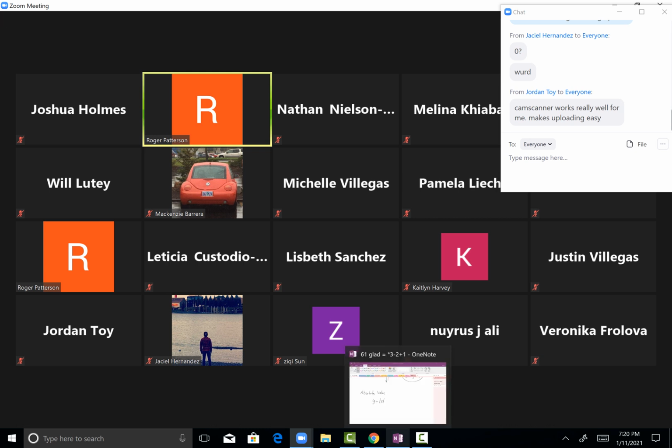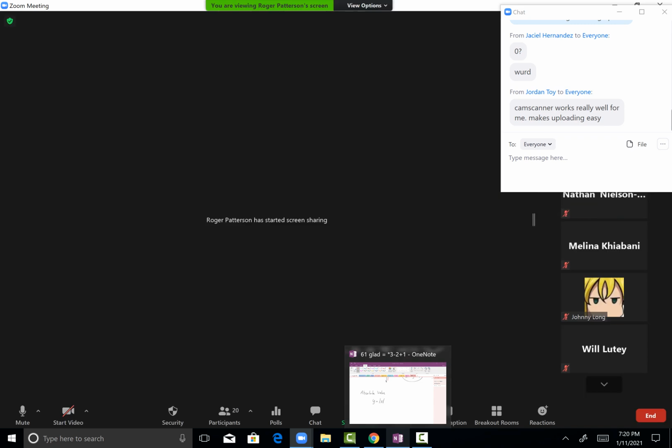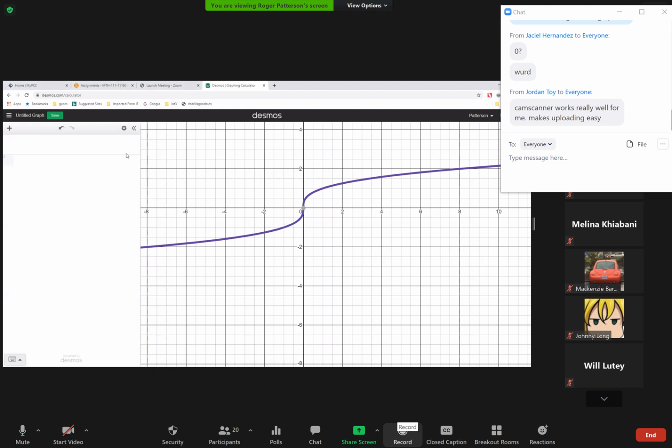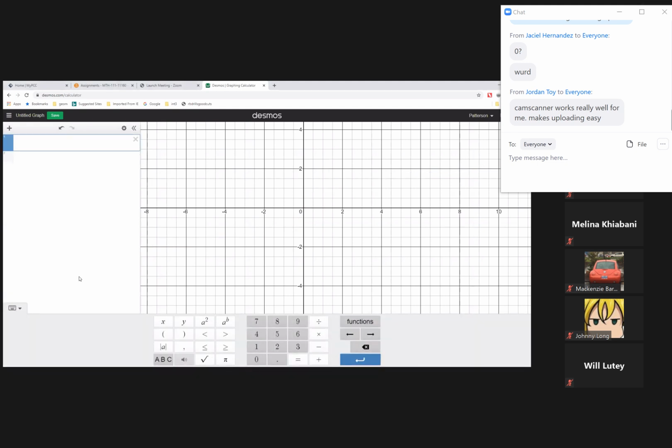Let's go to Desmos. To get to an absolute value function, there's actually a couple of ways to do it. You can do y equals, and the little function is right here.